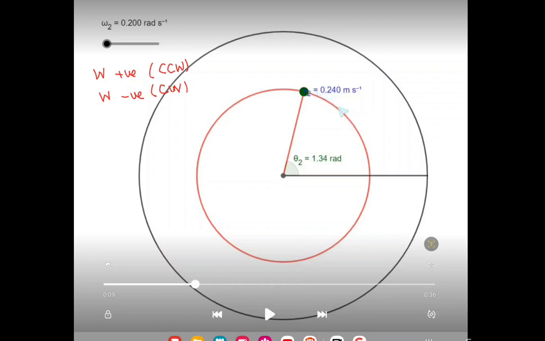Now the tangential velocity in this case is equal to r omega. The one that changes is the tangential velocity because it depends on the radius of the circular path.